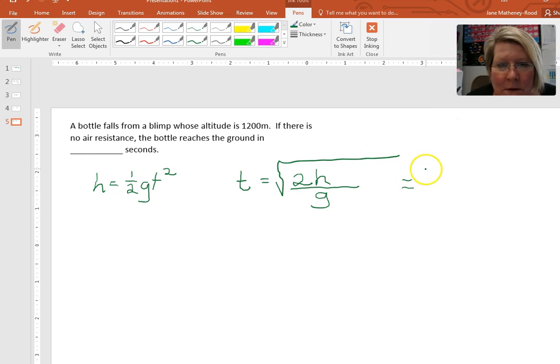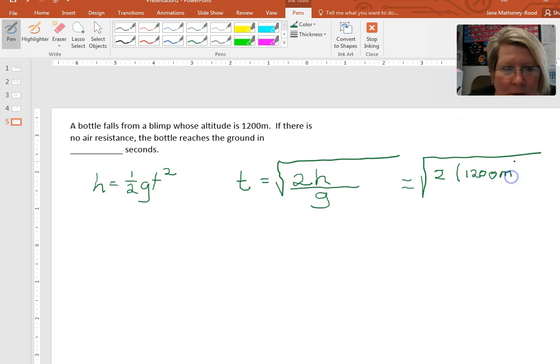We get 2 times 1,200 meters, which is our height, and we know gravity is an acceleration equivalent to 9.8 meters per second squared on Earth.